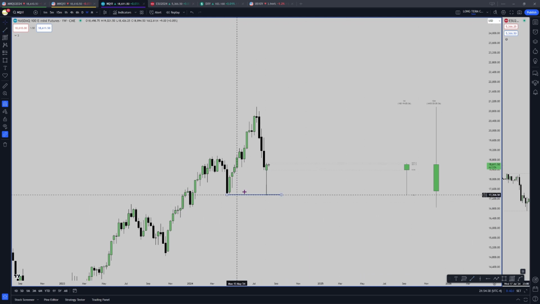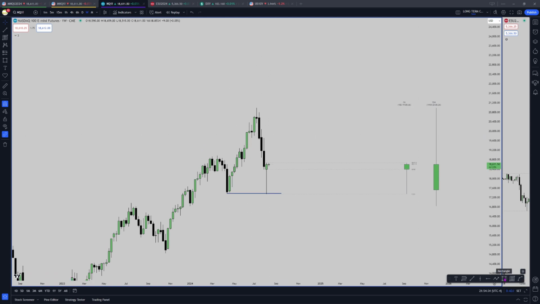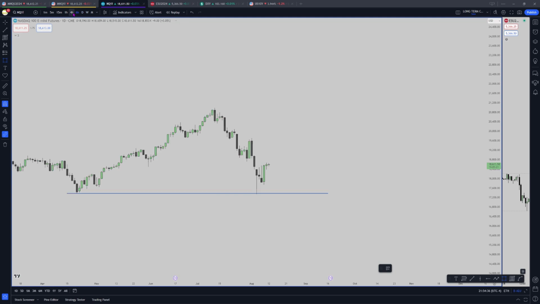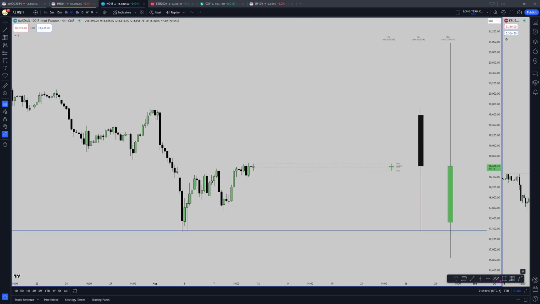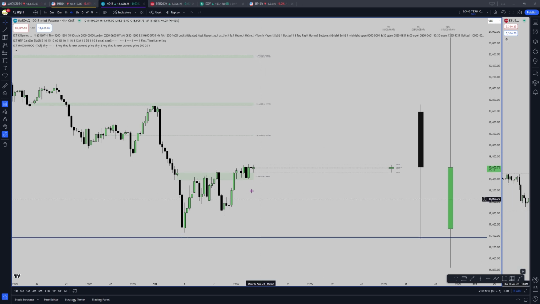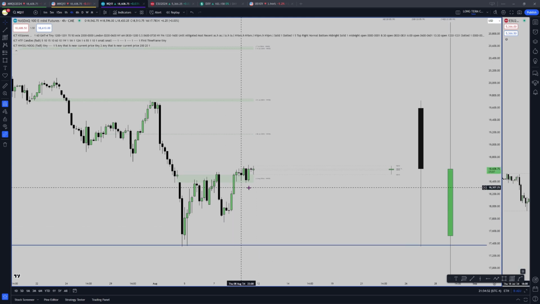So we just swept the stops down there. So I want more upside this week. When it comes to the new week opening gaps, you want to see full body closures in the direction of your bias. So since my bias is bullish and we had full 4-hour body closures through the gap, I would like to see price continue higher.